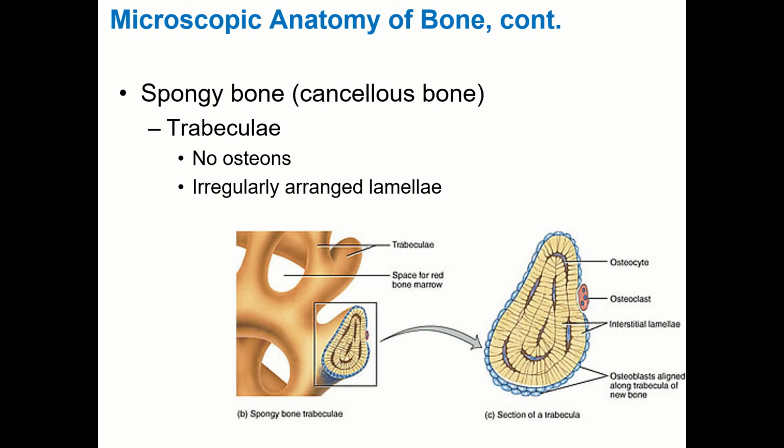So if that bone is being pulled apart in one area or being compressed in one area, we can lay down a new trabeculae, or we can change the shape of the trabeculae. We can add more or make them larger by increasing the activity of our osteoblasts. They'll lay down more collagen, and then eventually we'll crystallize it. Or if we've changed the way that we use this bone and we don't need those trabeculae anymore, then we can get more osteoclasts, and they'll just break it all down. So that's one of the ways that we can remodel those.